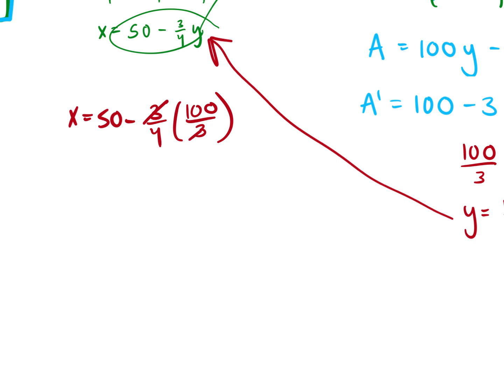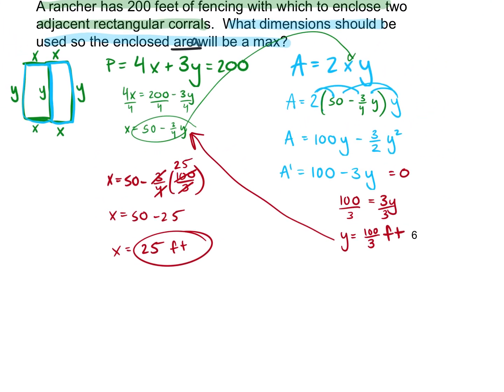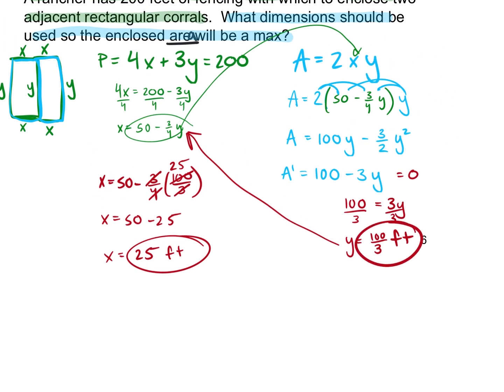Here the 3's cancel, and 4 goes into 100 how many times? 25. So we get x equals 50 minus 25. So x equals 25. 25 what? Feet, perfect. So our dimensions would be 25 and 100/3.